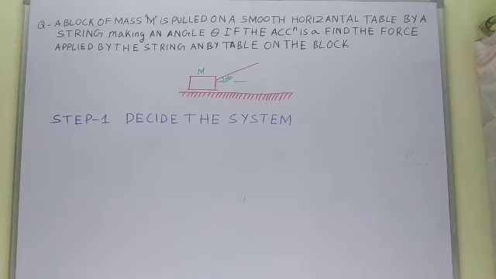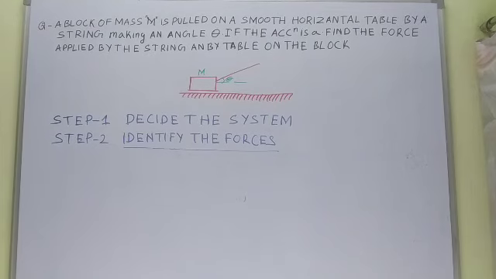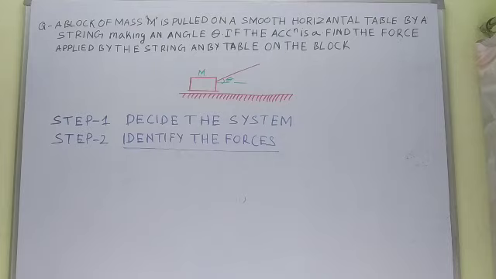Now the second step is to identify the forces. Why is it important? Because by knowing the forces, you can make the free body diagram which will help you find the answer.